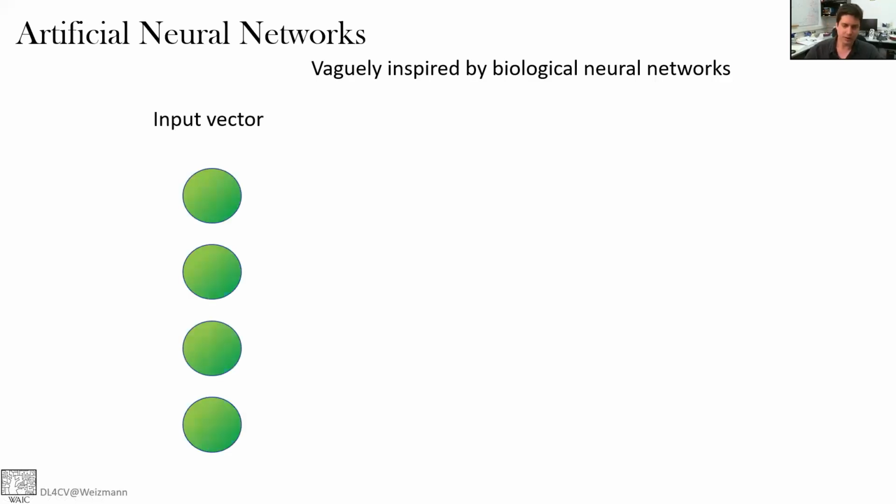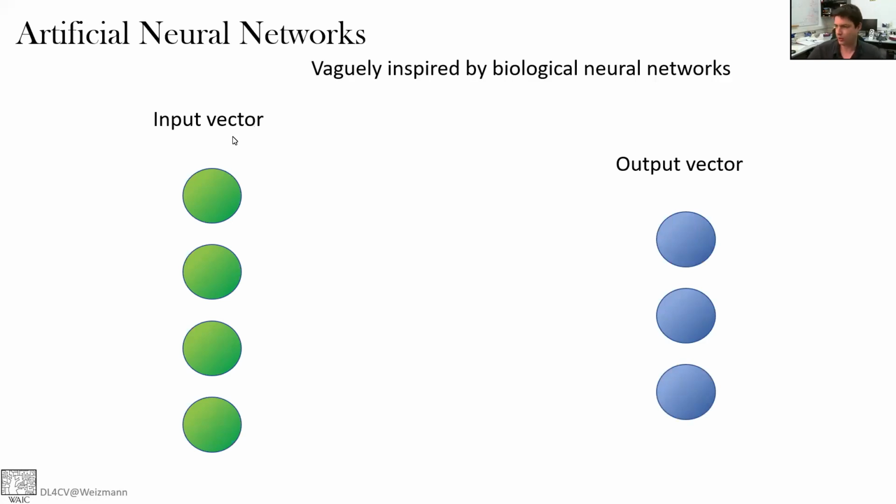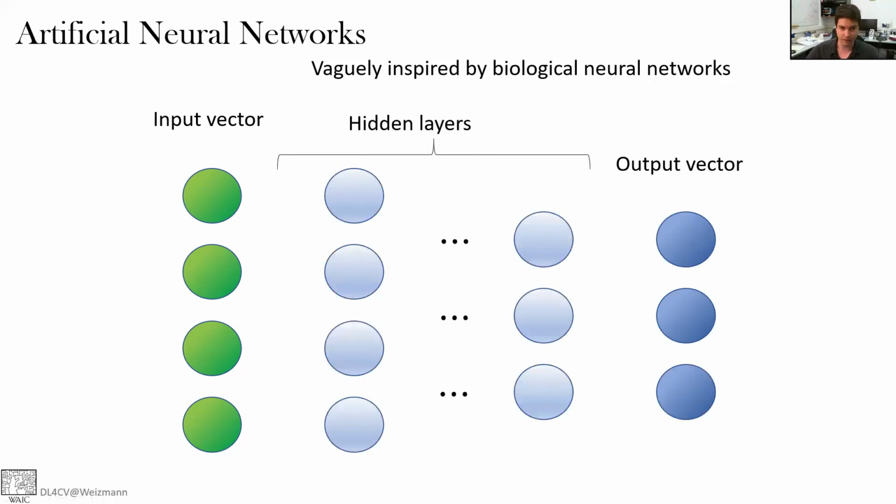So here is how things are going to work. We're going to have an input vector, and we eventually want to get an output vector. The sizes can be anything that we want. In an artificial neural network we have what are called hidden layers, and we're going to have as many of them as needed. The number of neurons and the number of layers is sort of a hyperparameter.